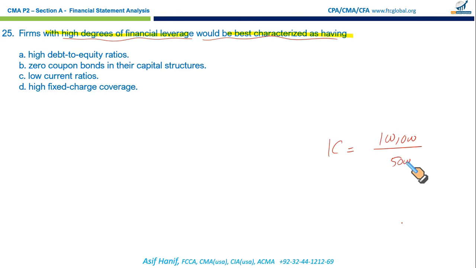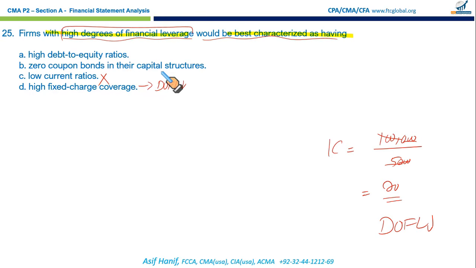Interest is only $5,000. Look at this, 20 times. If a company has a high interest coverage ratio, that means the company has a lower degree of financial leverage. This is an indication of low financial leverage. We are looking for the one that has a high degree of financial leverage. D is not right. Low current ratios: current ratios measure liquidity, not leverage. Wrong.